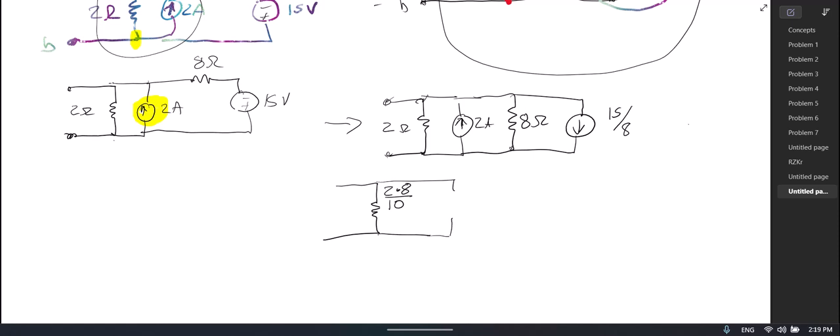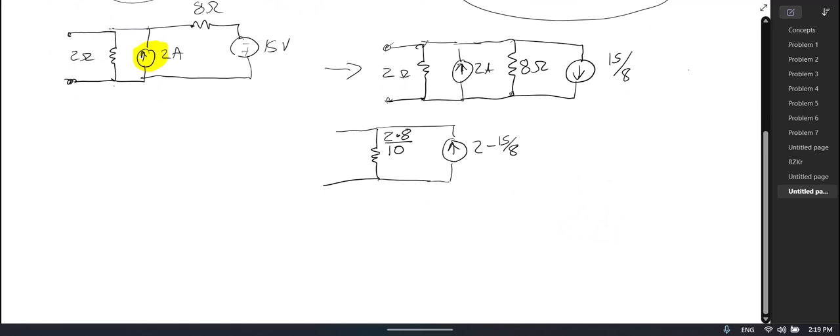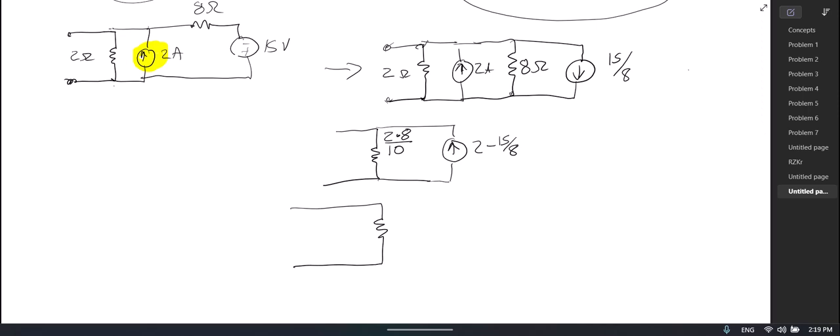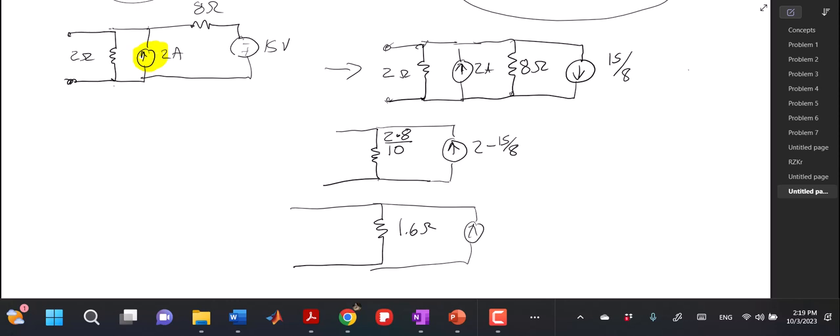And then our current will be 2 minus 15/8. So that's 16/10, that's 1.6 ohms. And our current source, 2 minus 15/8, it's going to be very small.